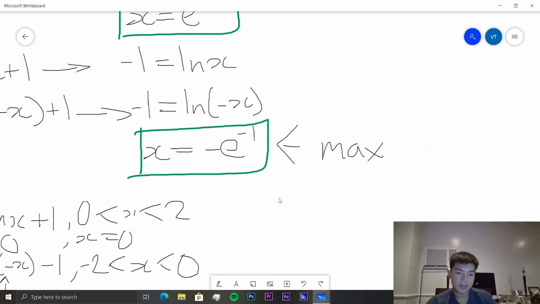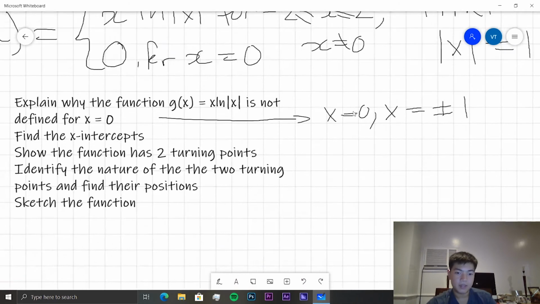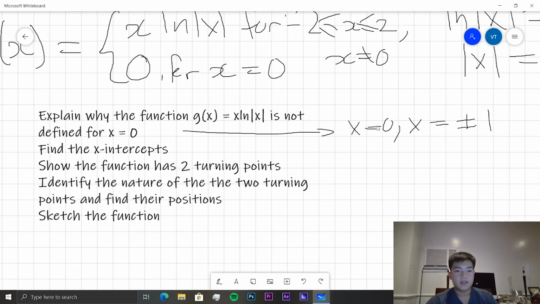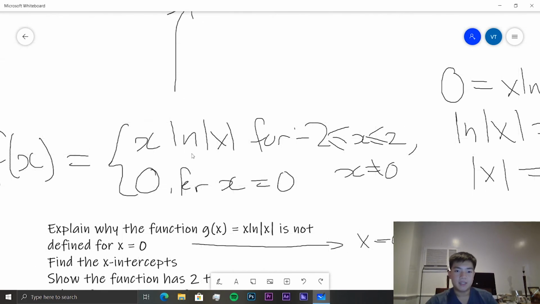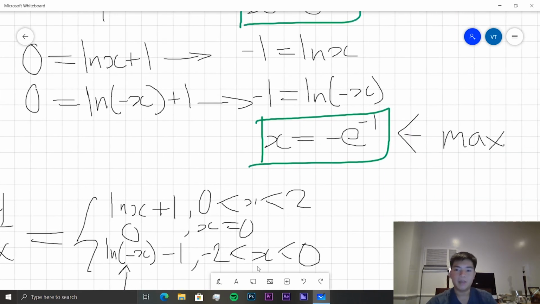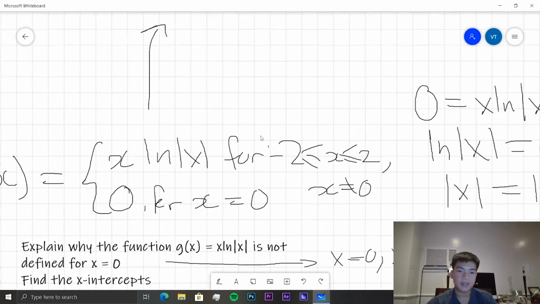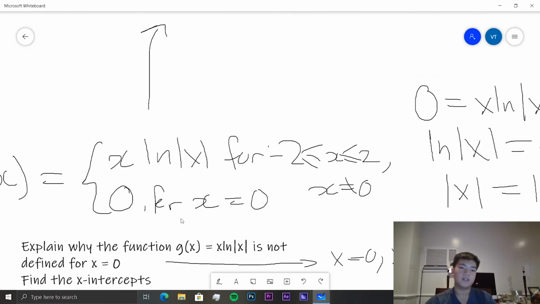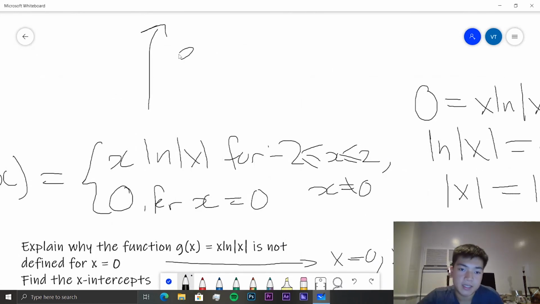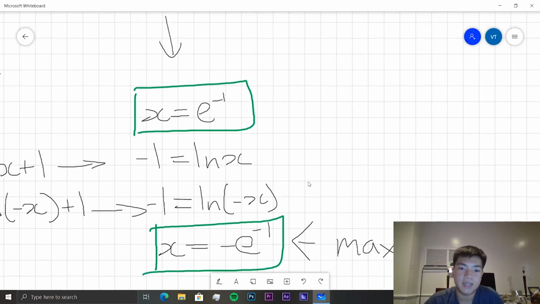So that's that, and then what else do we need to find? Find their positions, actually. We need to substitute them back in. So we need to substitute e to the negative 1 and negative e to the negative 1. So this is e to the negative 1 ln e to the negative 1. So this is negative e to the negative 1 for this, and it's e to the negative 1 for the other one.